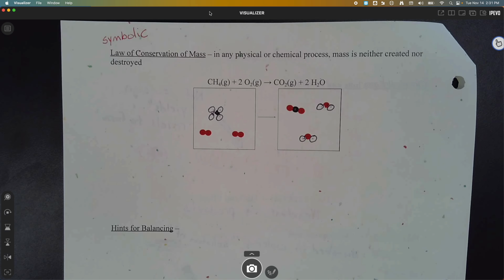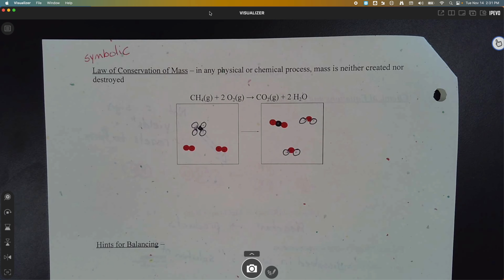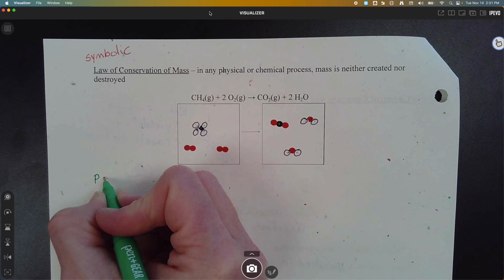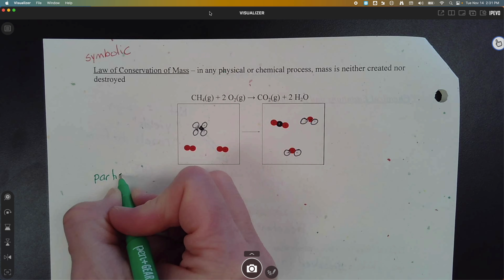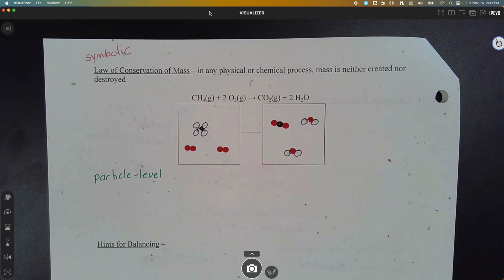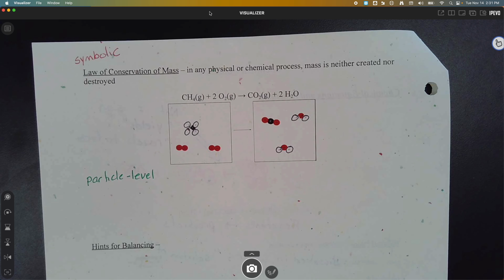It's kind of a symbolic representation of what we've been doing since the very, very beginning of this class. It basically says the sum total of the mass in the beginning and the sum total of the mass in the end have got to be the same. We've learned to interpret this in a couple different ways. We've learned to do a particle level interpretation of this.